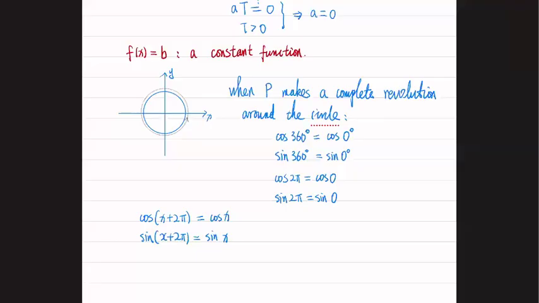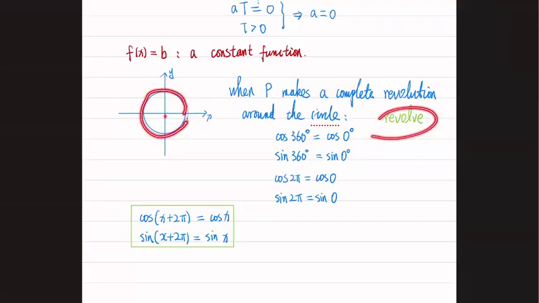We have the following identities, very important identities. Revolution, from revolve, means rotate around something; a complete revolution goes around the whole circle.